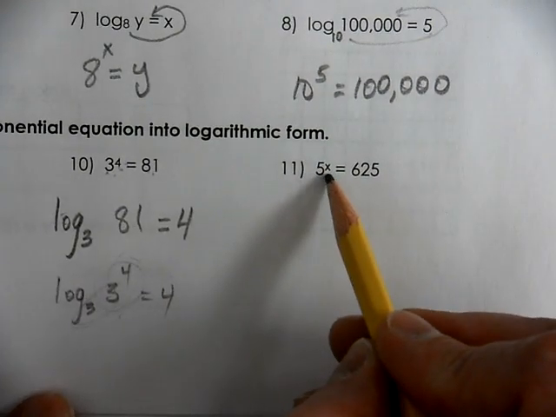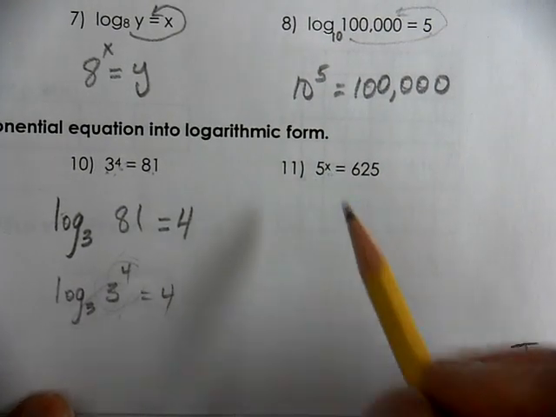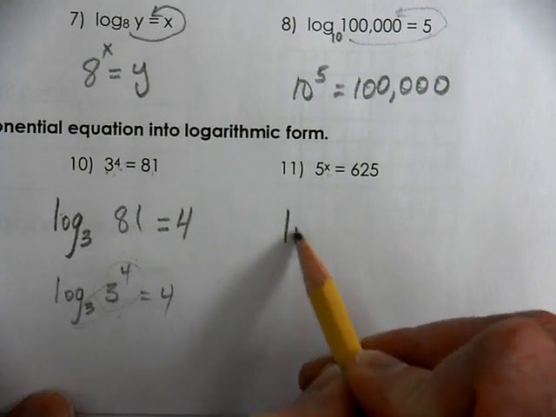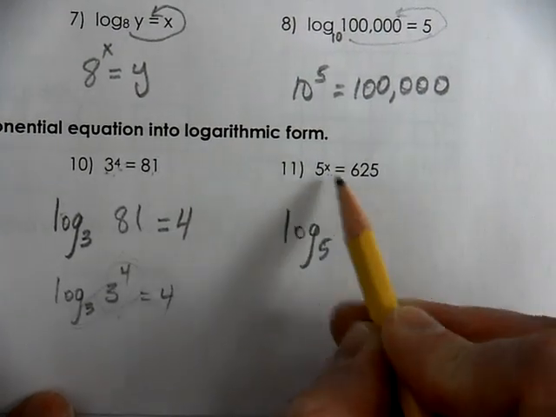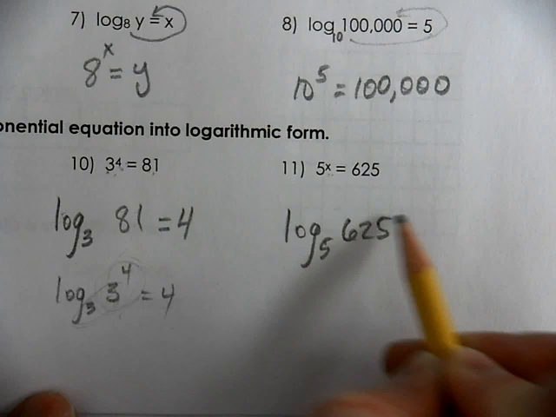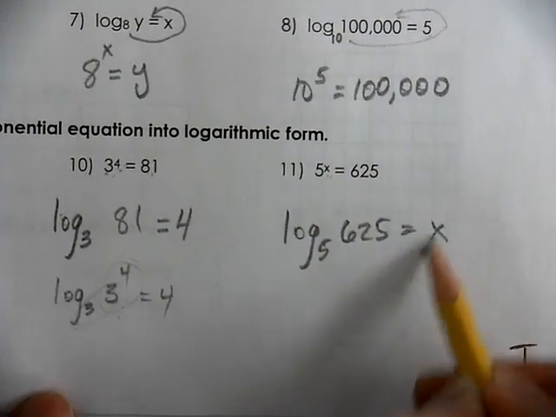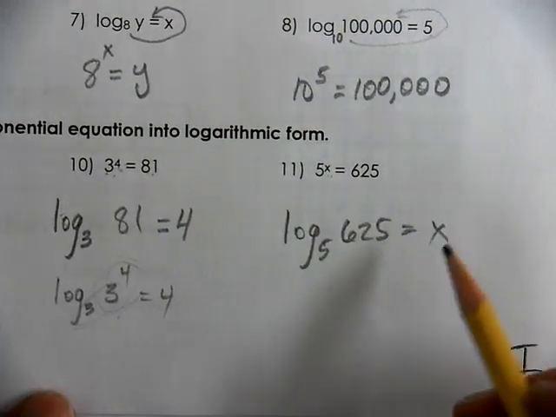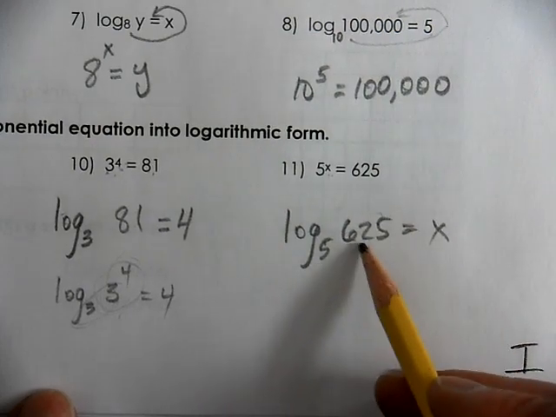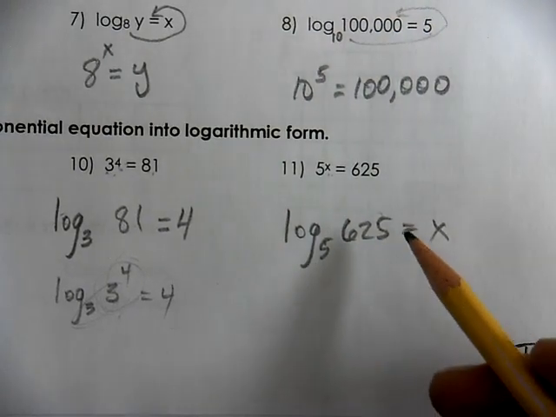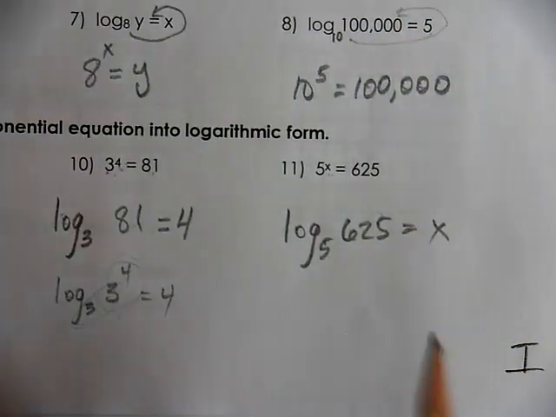So if we were trying to figure out what the x was, this would be log base 5 of 625 equals our exponent. If we didn't know what this equaled, we would try to write 625 as a base of 5.